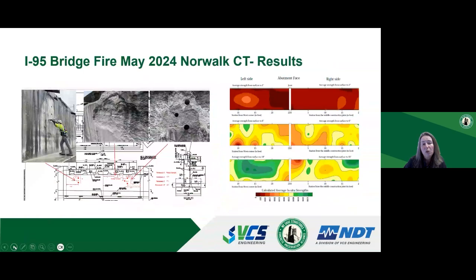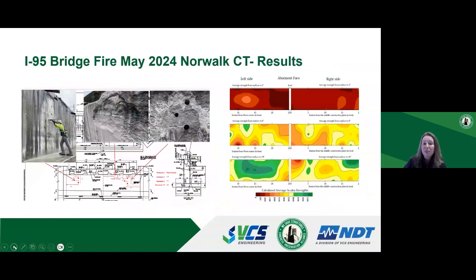Sensor 2 has a penetration of about 2 inches from the concrete surface. As can be expected, the condition of the concrete surface was very poor, as indicated by the dark red colors in this plot. However, as we're moving deeper and deeper into the abutment, the concrete condition starts to improve.